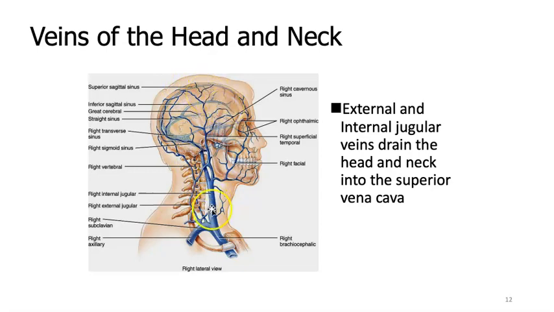But you can see the internal jugular vein is draining blood from the brain area and in parts, the internal parts of the face, whereas the external is draining blood from the face and head, the superficial portions. And these are all returning to where the subclavian vein is and back into this right brachiocephalic vein.